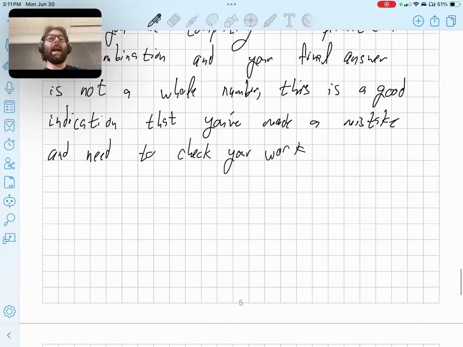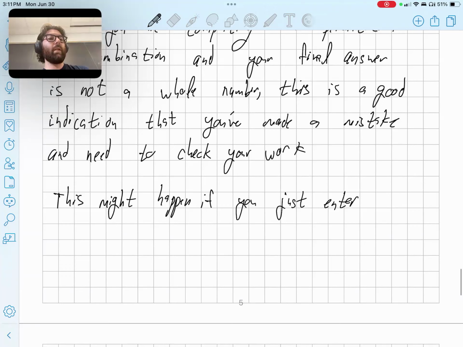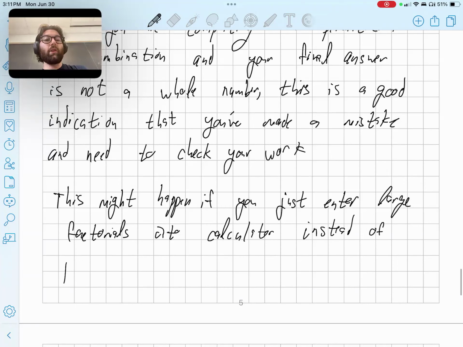And particularly this might happen if you just enter large factorials into your calculator instead of partially expanding.